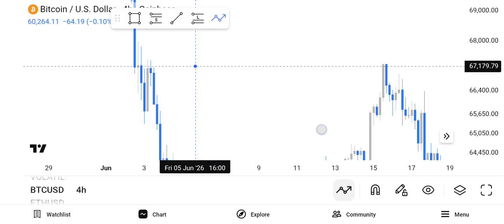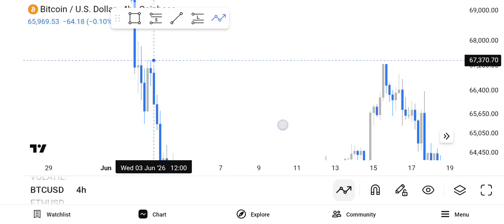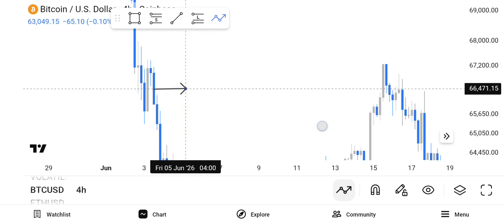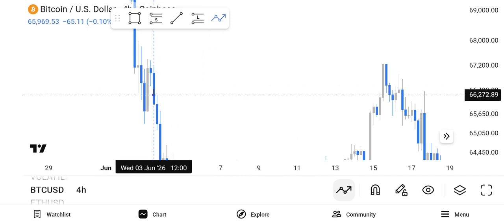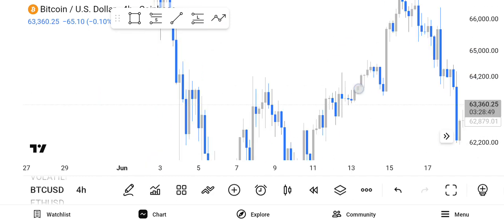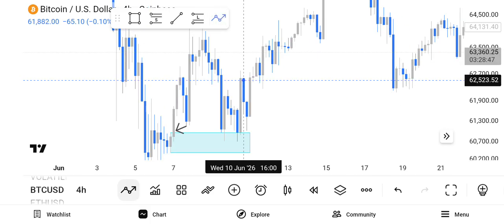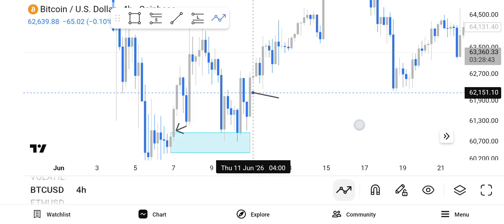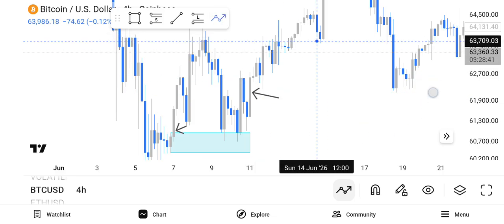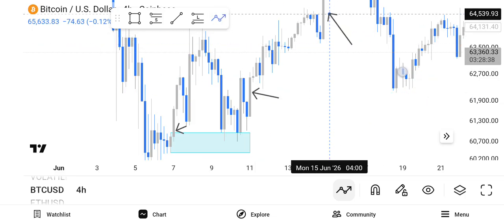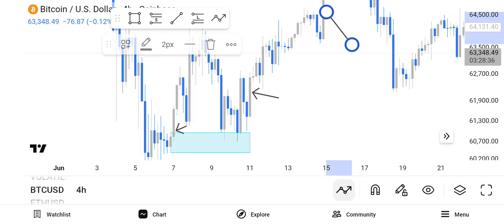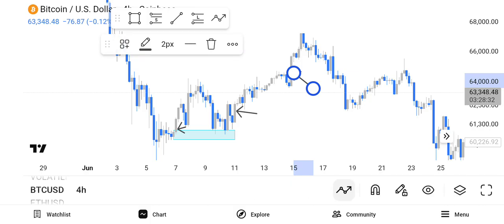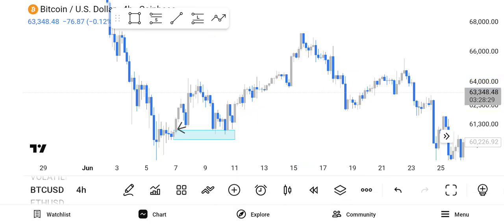You can see once price rallied in here, imbalance right here, imbalance right here, imbalances right here, a lot of imbalance in the market. Just right here, you have another imbalance or fair value gap. I prefer calling mine imbalance, because it's more logical to me.